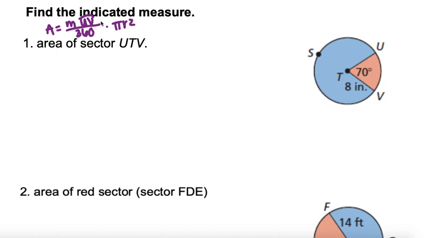Well, I know that the measure of this arc UV, that's just going to be 70, and we learned that last time, or in our last chapter. And then my radius here is given as 8.